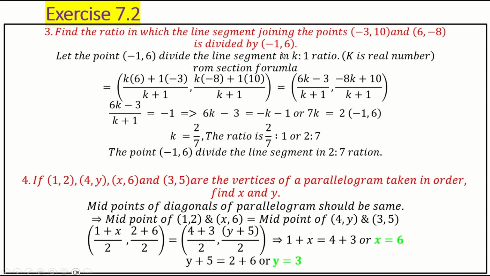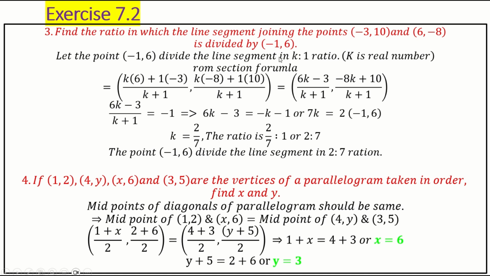Okay, so now in this case, we need to find the ratio. Let's assume it is dividing in k:1 ratio. K is a real number. And if you substitute that, you take one of the equations. Okay, (6k minus 3) divided by (k plus 1), which is equal to -1, right?